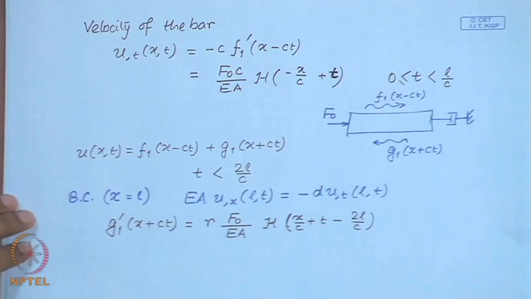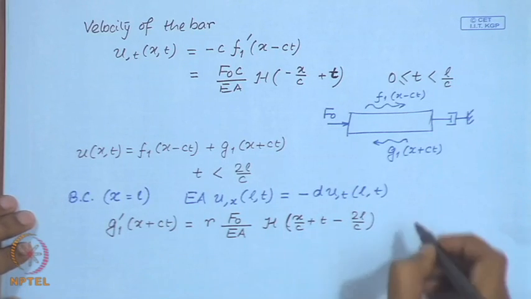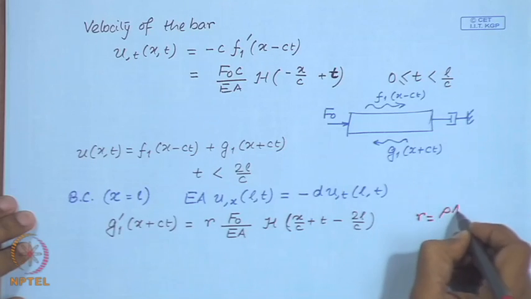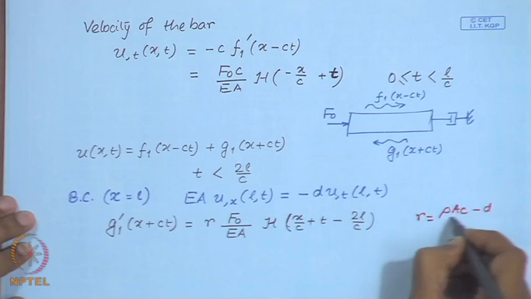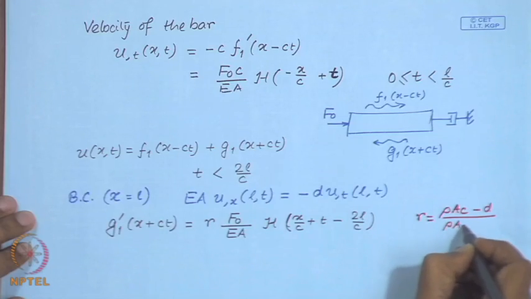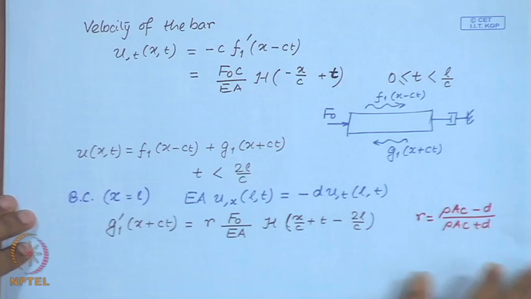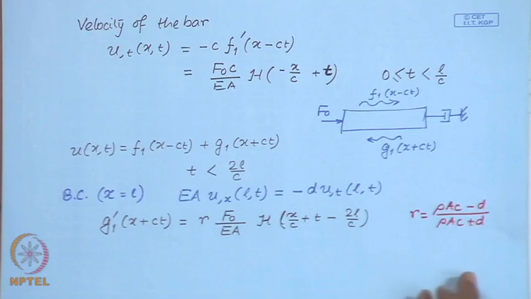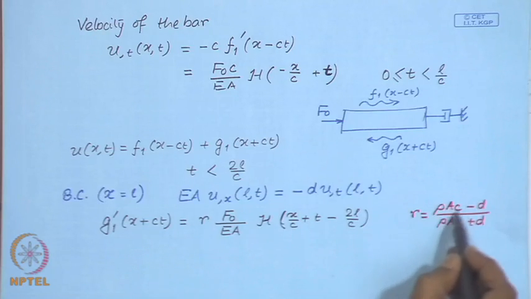So, upon simplification you will obtain this expression of G 1 where R is given by this ratio. So, as you can see R is always less than 1. So, this is the damping coefficient and this is the impedance of a semi infinite bar.